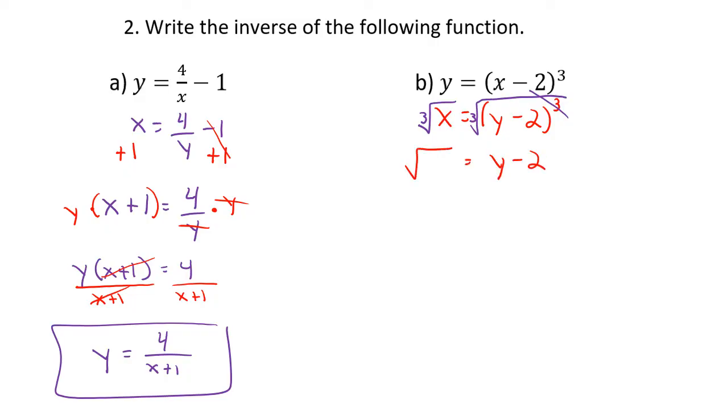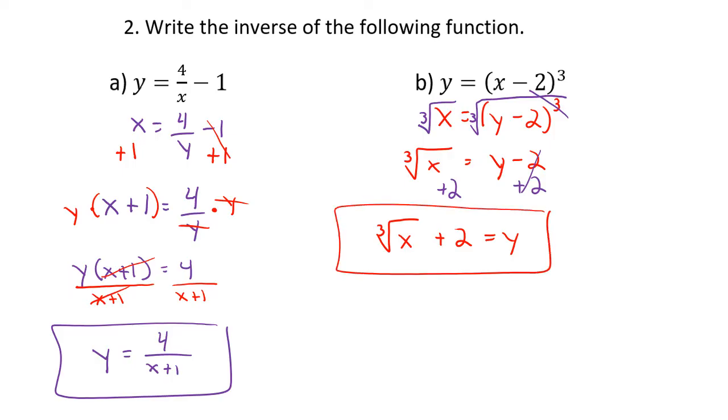And over here, we're going to have a cube root of x. Now that we don't have that exponent, we don't need the parentheses anymore. And so now I'm going to get that y by itself by simply adding 2 to the other side. So now I'm going to have the cube root of x plus 2 equals y. And I have the inverse.